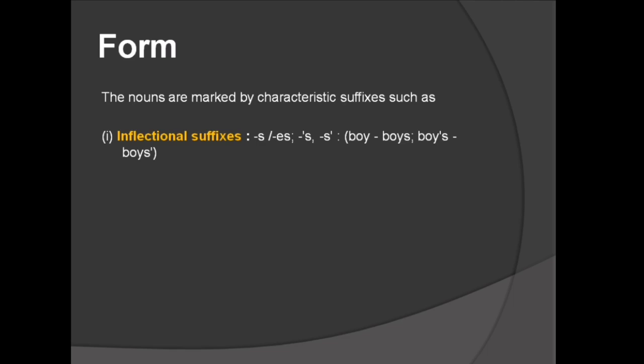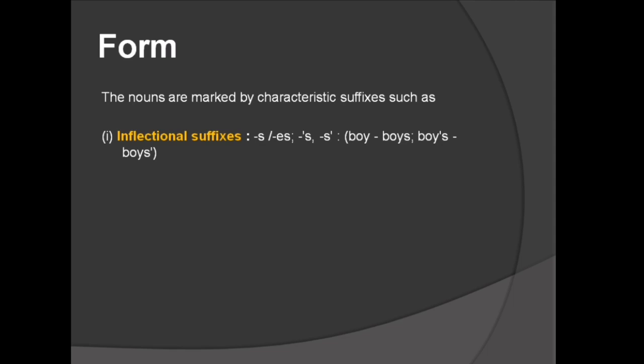The first one, inflectional suffixes. Inflectional suffixes are the suffixes which perform the grammatical role only. For example, the suffixes like s or es or apostrophe s in plural and in singular, and the example such as boy, boys.